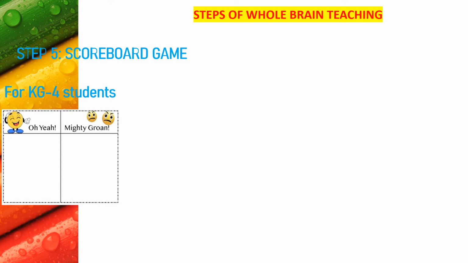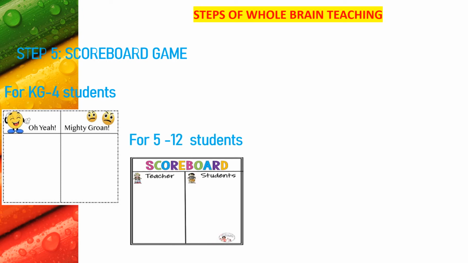The next step is known as the scoreboard game, where the teacher can set up a scoreboard beforehand. If in the Teach-Okay phase the students are doing very well and repeating exactly how the teacher has, with the gestures and the intonation, they get an "Oh yeah" exclamation.